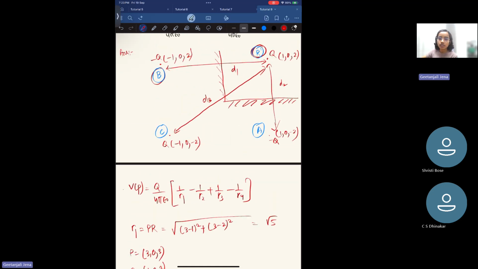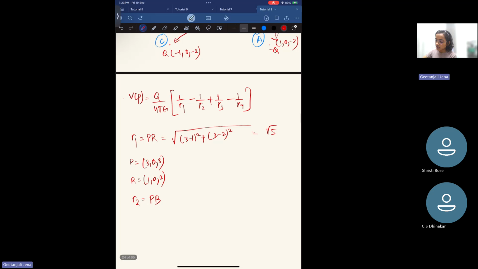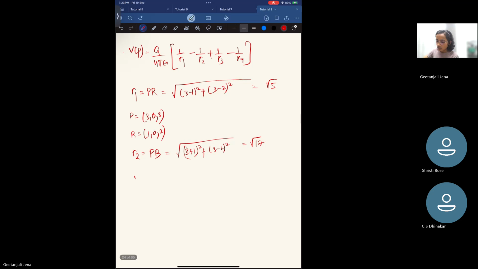B is (minus 1, 0, 2), so this is root of (3 plus 1) square plus (3 minus 2) square, which gives root 17. R3 is PC.